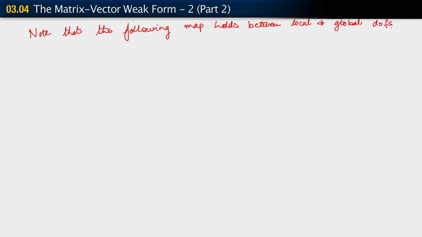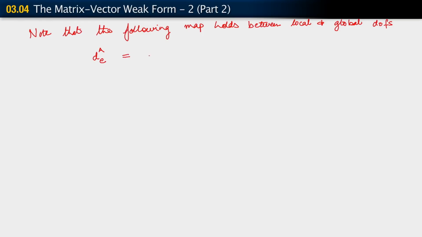Okay, I will express this map first in terms of the degrees of freedom that are used to interpolate the trial solution. Okay, so if we have this particular local degree of freedom, and recall that this refers to local degree of freedom A in element E.